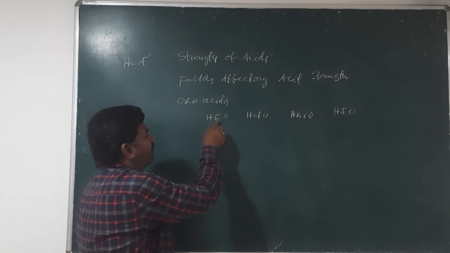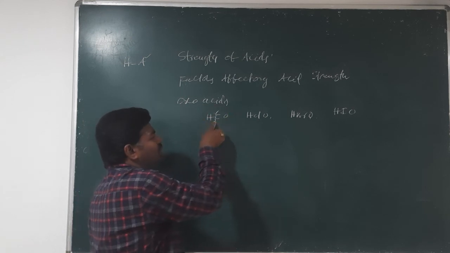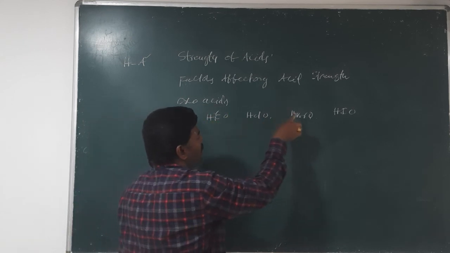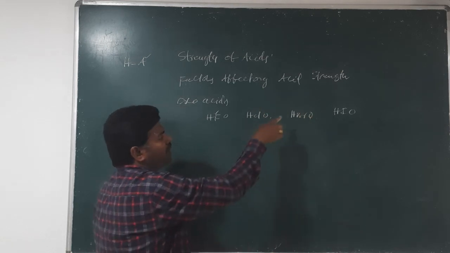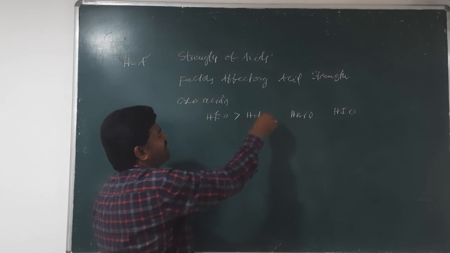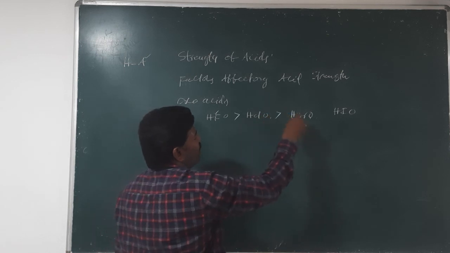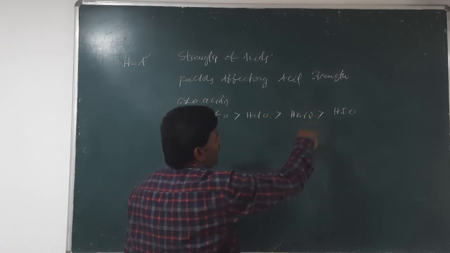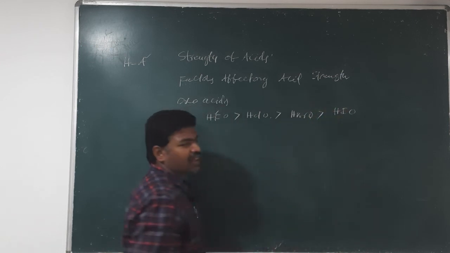So here the fluorine has the highest electronegativity among these, chlorine, bromine, iodine. So HFO is a stronger acid than HClO, HClO is stronger than HBrO, HBrO is stronger than HIO.